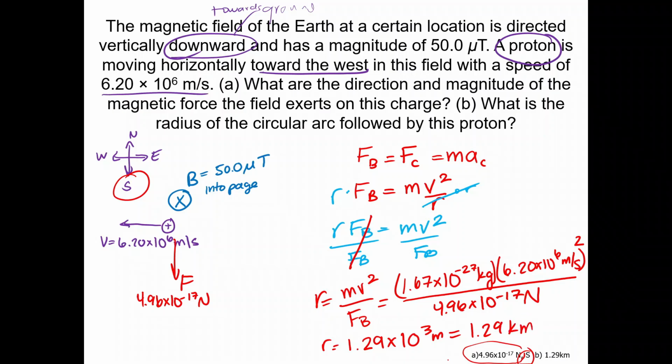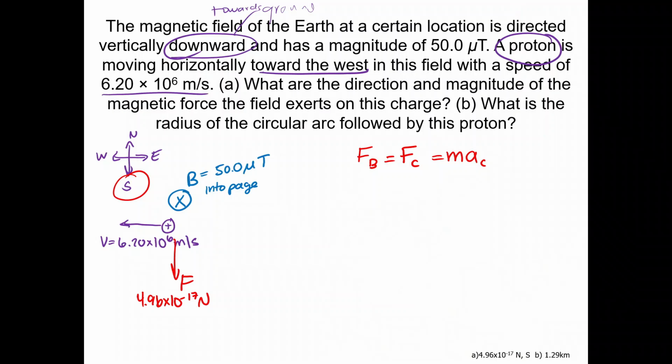Now, if you had memorized the equation or wanted to go back and solve this the way we did before, let me pause for a sec. Since our force was equal to our centripetal force, I could do QvB is equal to mv squared over r. You could have canceled the v's out.